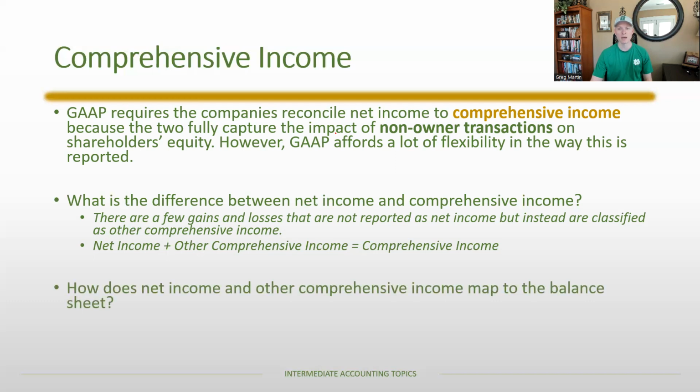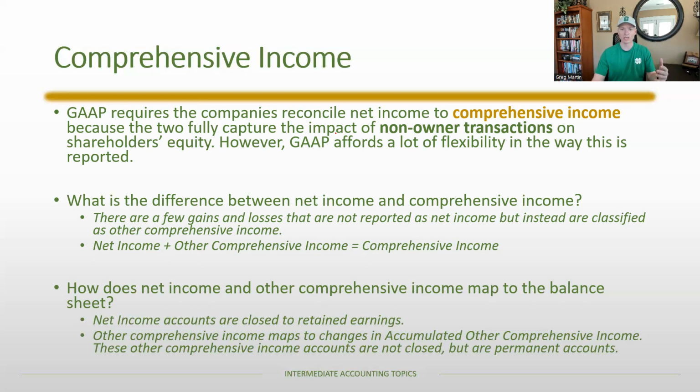So how do these things map into the balance sheet? Net income accounts are temporary accounts that, when closed, go to retained earnings. Other comprehensive income accounts map into, if you remember from the balance sheet chapter, the accumulated other comprehensive income account, and that's really where they flow. It's a permanent account. Each one of these unrealized accounts is not really closed; it sits in both places.